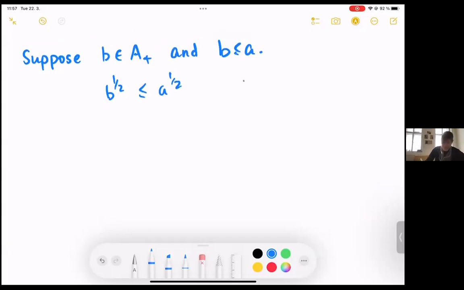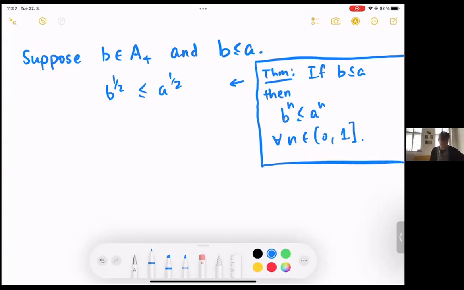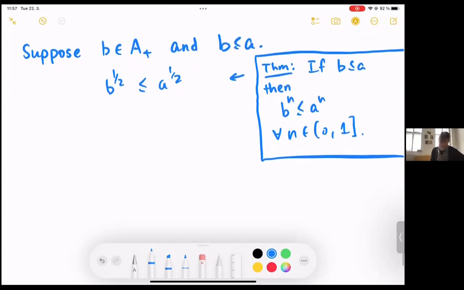So this uses the fact that, so this is true that B to the half is less than A to the half.